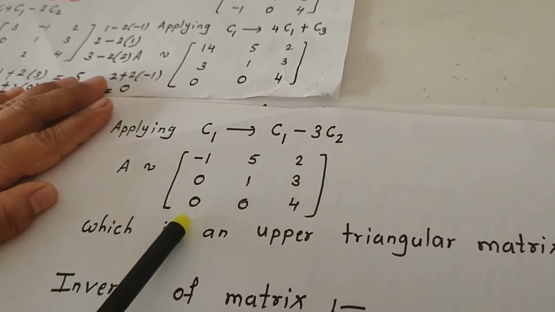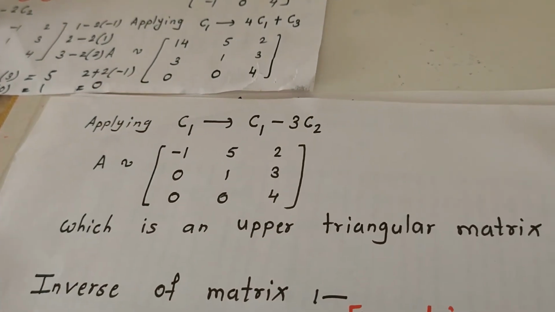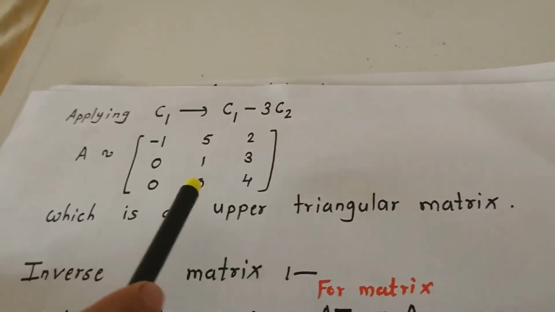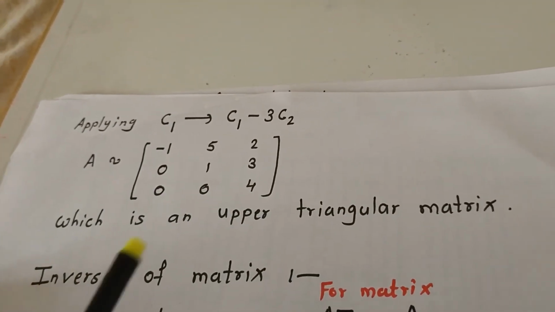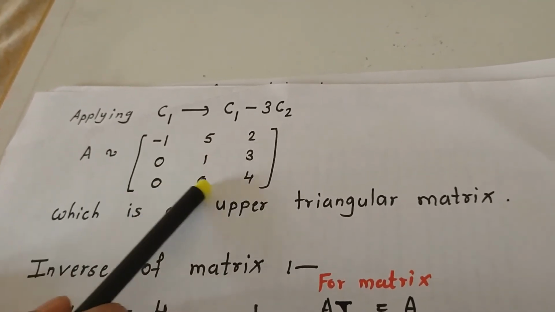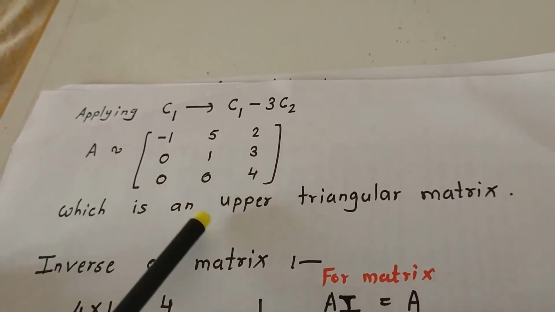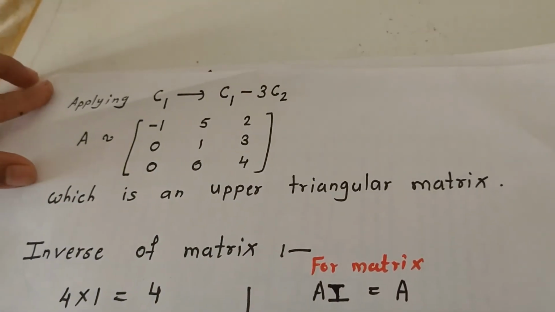So changes in C1, second and third columns remain as it is. This is an upper triangular matrix. Here below the diagonal, elements are 0. Therefore, we have converted the given matrix into an upper triangular matrix.